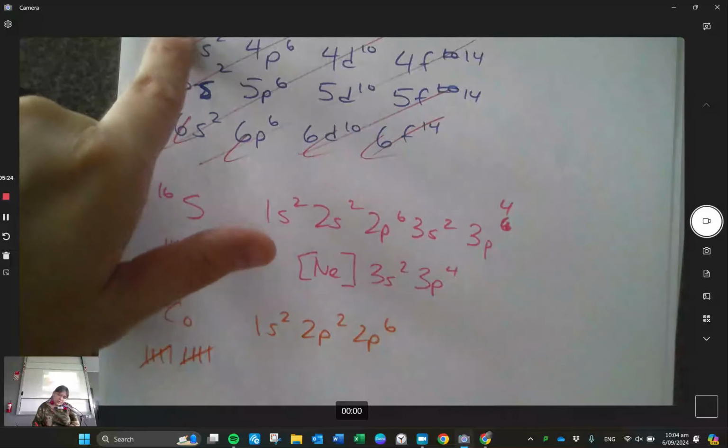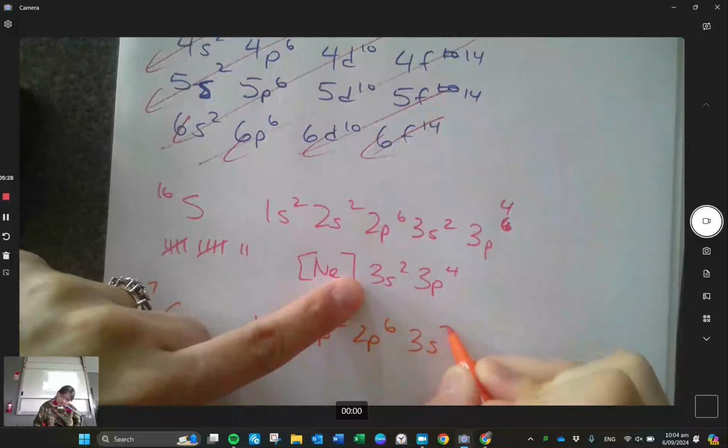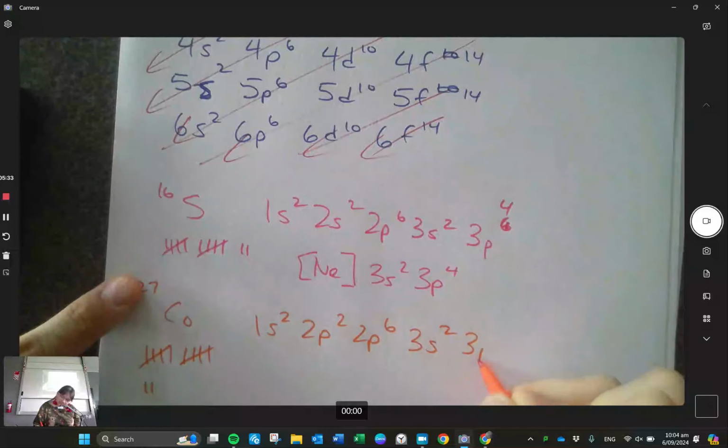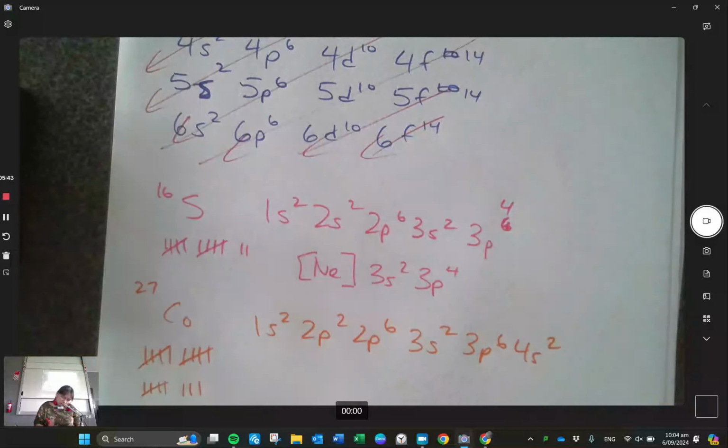Then we go to the 3s. It's another 2. 1, 2. 3p6. That is another 6. 1, 2, 3, 4, 5, 6. And then we're going to 4s2. 1, 2.